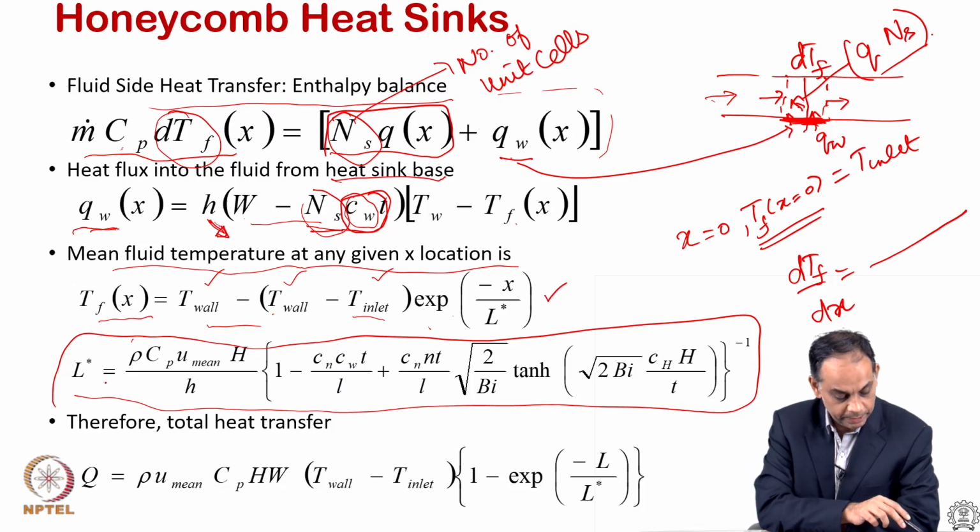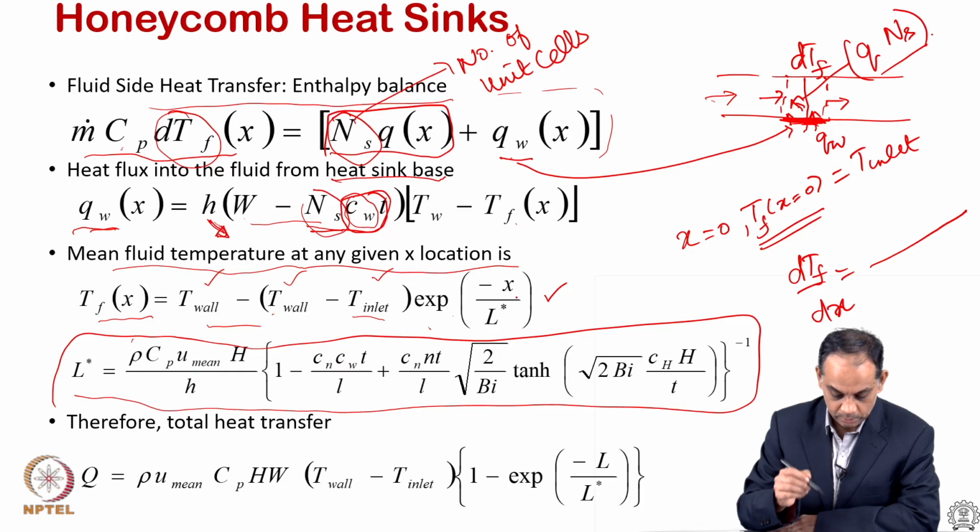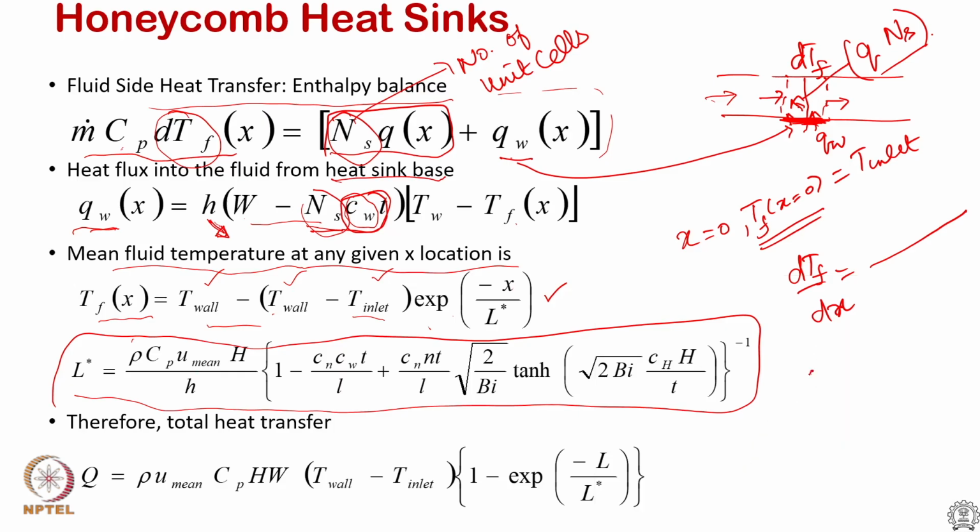And once you calculate L star, grouping them all, you get this expression, and from this, setting x from 0 to L, that is for the entire length, you get the total heat transfer rate equal to rho times u mean, the mean velocity entering the heat sink, Cp, height, width, into the temperature difference T wall minus T inlet, into 1 minus exponential of minus L by L star.